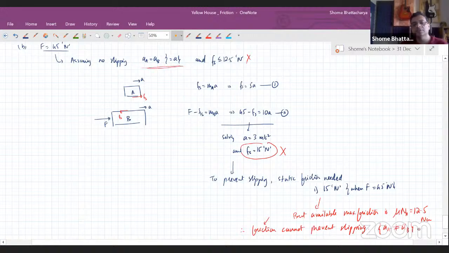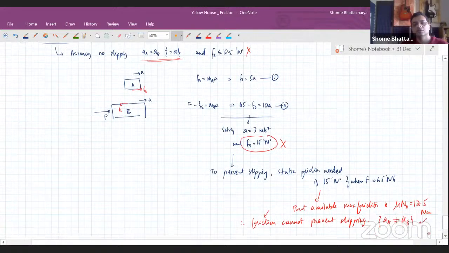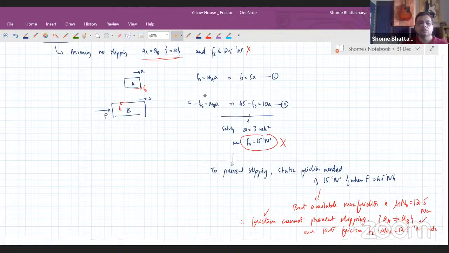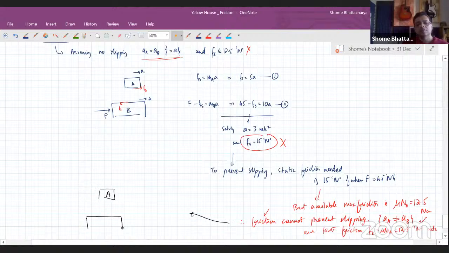Instead, they will have different accelerations, and kinetic friction will act in the diagram. So as a result, our free body diagram will change now. In our free body diagram, they will have different accelerations, and the friction acting between them will be kinetic friction.